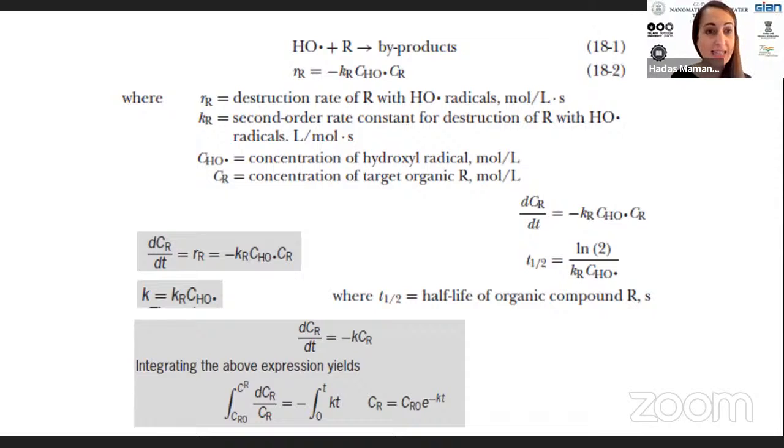It has a known rate constant, so we only need to measure the concentration of PCBA before and after, and that's how we can back calculate the hydroxyl radical steady state concentration.